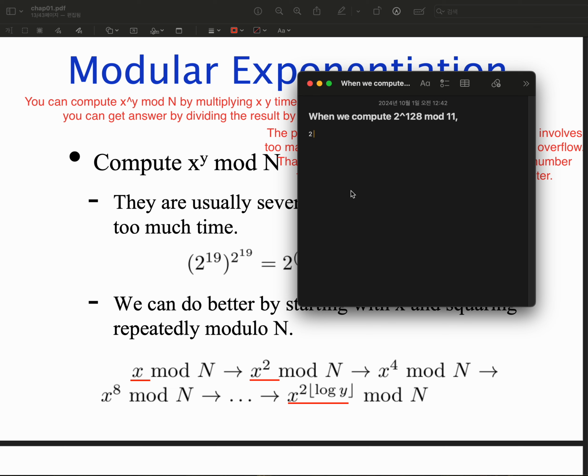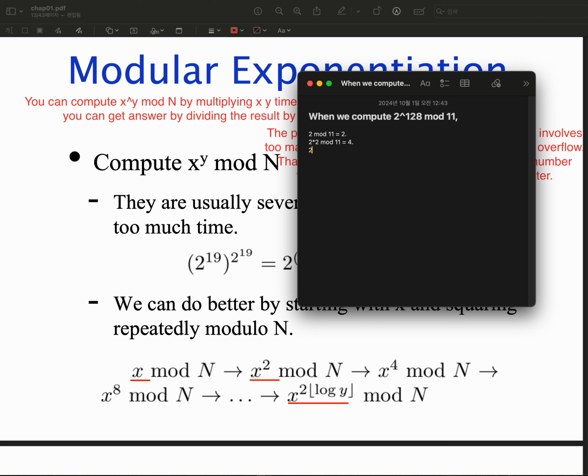First calculate 2 mod 11 is 2, then 2 to the power 2 mod 11 equals 4.